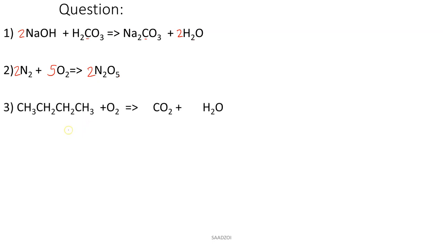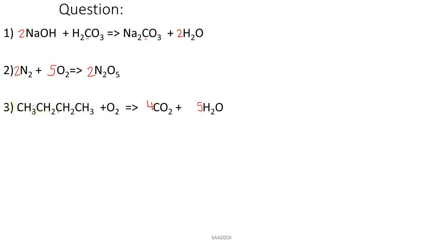Next one, we have 1, 2, 3, 4 carbons. So 4 carbons. We have 3, 5, 7, 10 oxygens. 10 oxygens. And then our O's, you notice you have a 5 in front of here. So 8 plus 5, 13. That's an odd number. Odd versus even again. So how do you fix that? Double everything except O2. When you're doing a combustion reaction, it just works out.